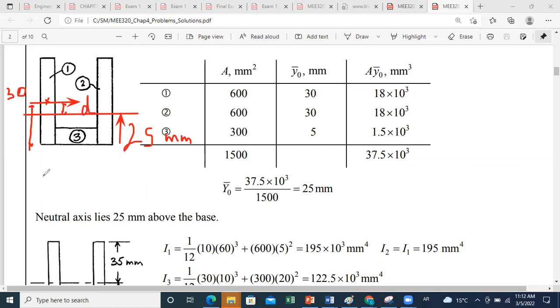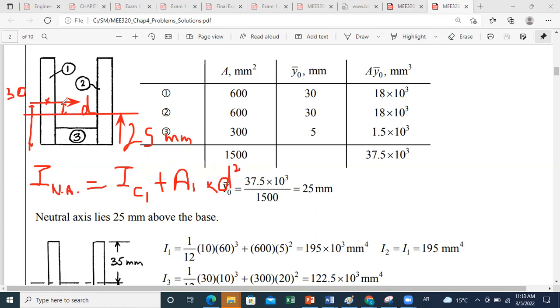The parallel axis theorem states that the inertia about any axis that is parallel to the axis passing by the centroid equals the inertia about the axis passing by the centroid of part 1, plus the area of part 1 times the distance d squared, where d is the distance between the neutral axis and the parallel axis passing by the centroid.